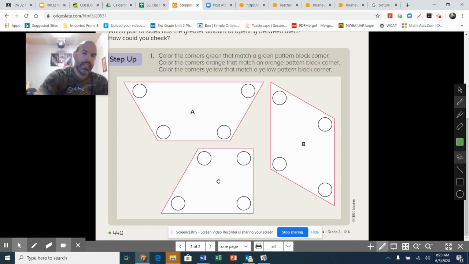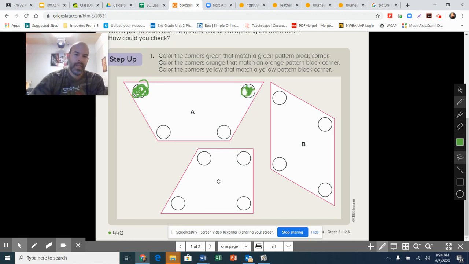So this one would be kind of like the green corner of a green pattern block, right? And this one would be kind of like that.